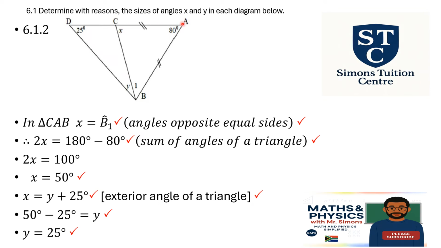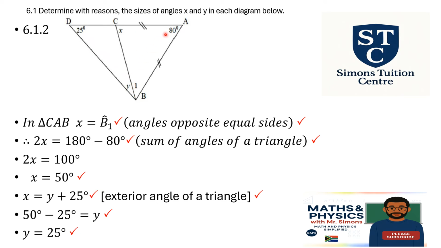So in triangle CAB, I can say x equals B1, and my reason: they are angles opposite equal sides. That side is facing towards there, and the side here is facing towards x. So x plus x gives me 2x.